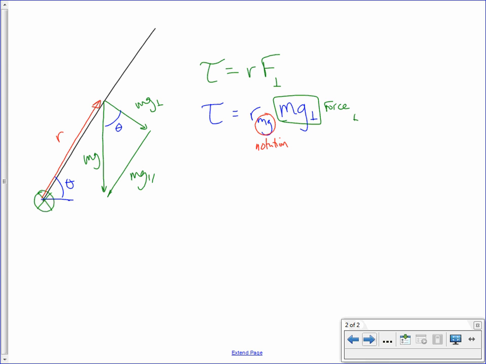So a lot of people will forget to include this part. They'll forget to do the r part, right? So torque in this case is L over 2, right? That's the actual vector r, or the magnitude of vector r that goes from the axis to the center of mass, times the force, mg perpendicular.